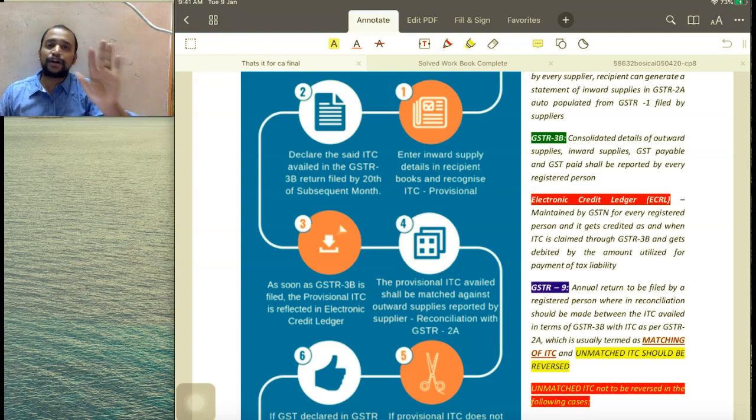You are not the only recipient, there are multiple recipients. With respect to one recipient, they take from multiple suppliers and put it into one sheet called GSTR2A. Who will do this? GST network will do, and that will be made available to you. That is known as GSTR2A.